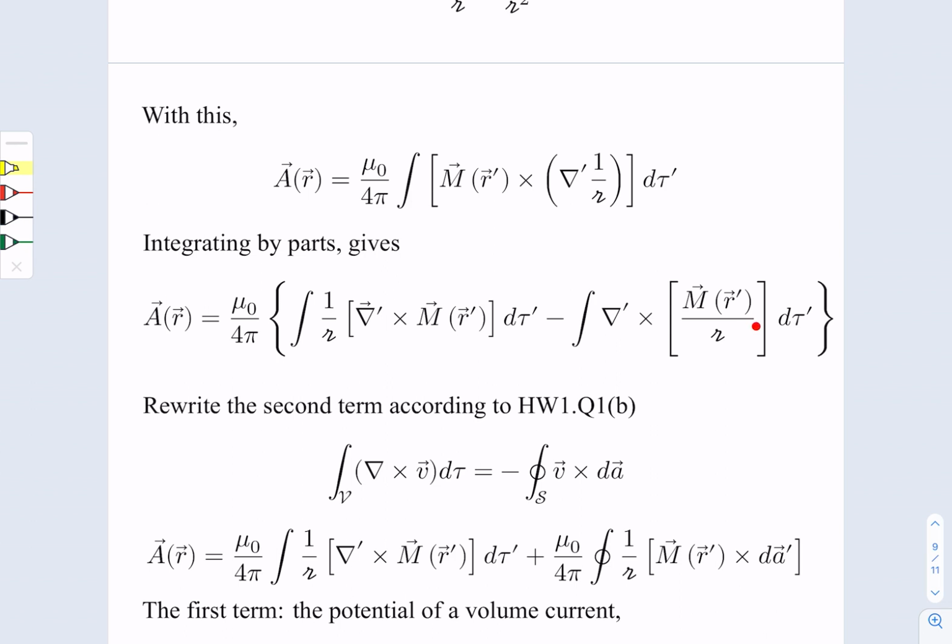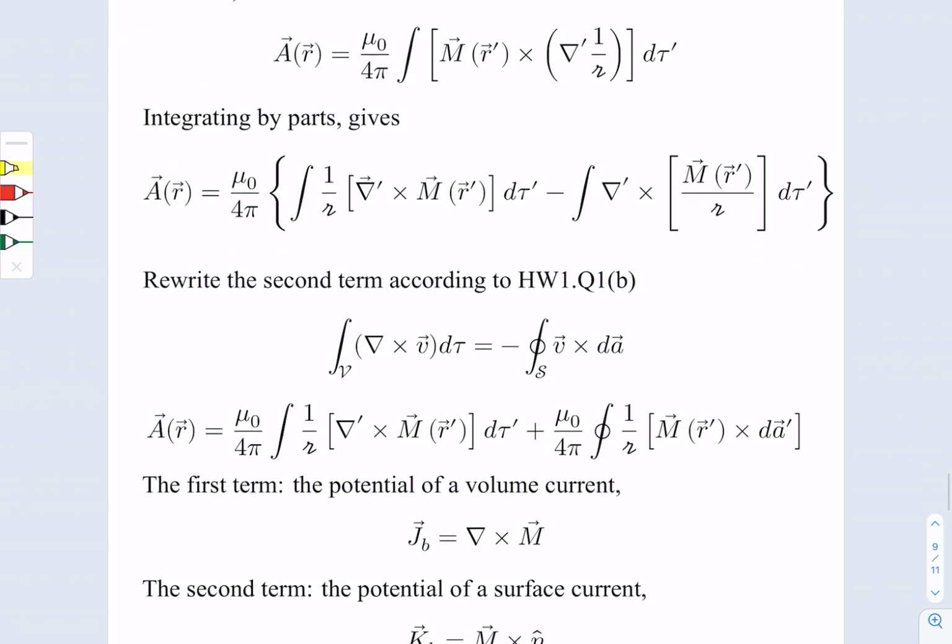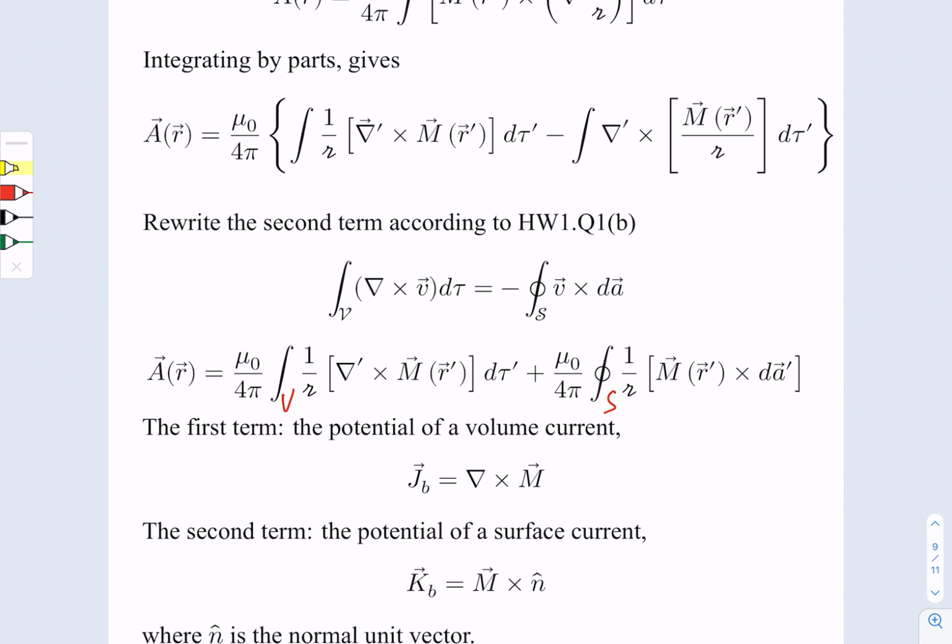Now, if we rewrite the terms here, in the end we get one term on the left, simply copied down, and the second term, rewritten into a surface term. To clarify, this is a volume integral and this is a surface integral. Now, if we compare with what we did in the electrostatic case, we immediately see that the term in the parentheses should be a source current.